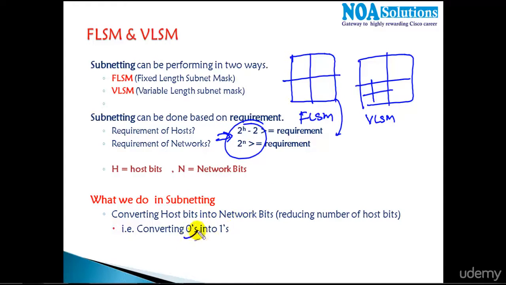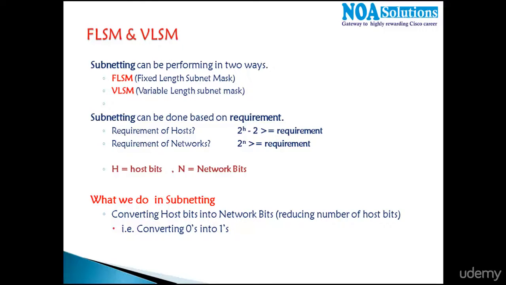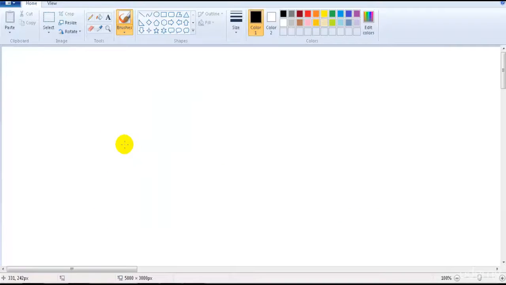And what exactly we do in subnetting is we convert zeros into ones. We have seen a brief overview on that in our previous section. So in this section we are going to directly jump into our calculations. In this video, I'm going to show you one of the first examples. First we'll start with a C class example.